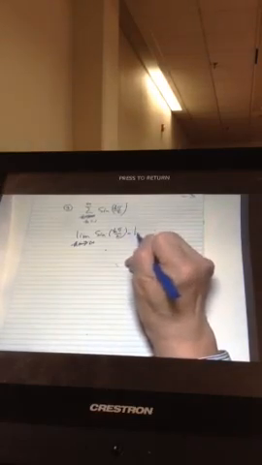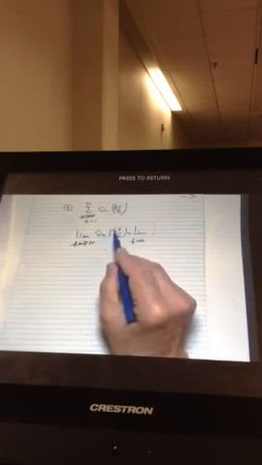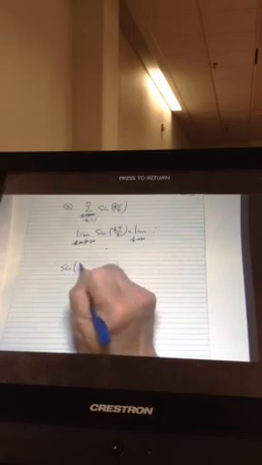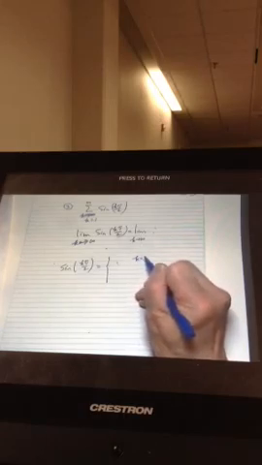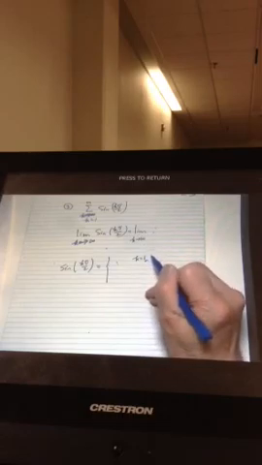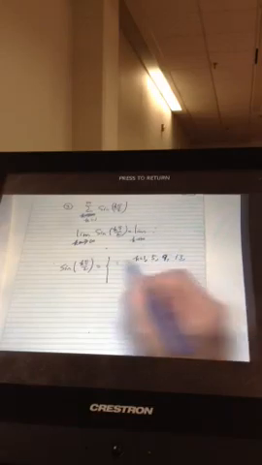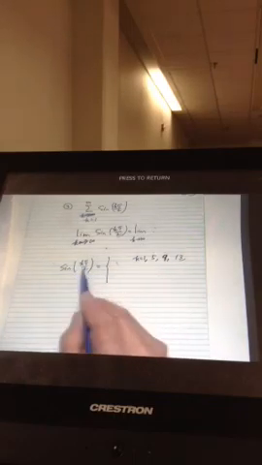But the problem with this one is that it depends on what k is. So remember, what is sine of k pi over 2? Well, if k is like 1, 5, 9, 13, those numbers, then sine of k pi over 2 is 1.